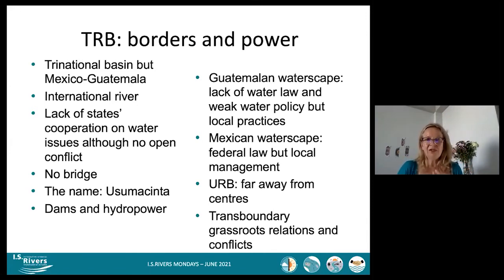Usumacinta is a trinational transboundary river basin, but for our purposes, what is interesting is the relationship between Mexico and Guatemala, because Belize really represents a minimal part of the river basin. I talked about the importance of the river that creates the border between the two countries.